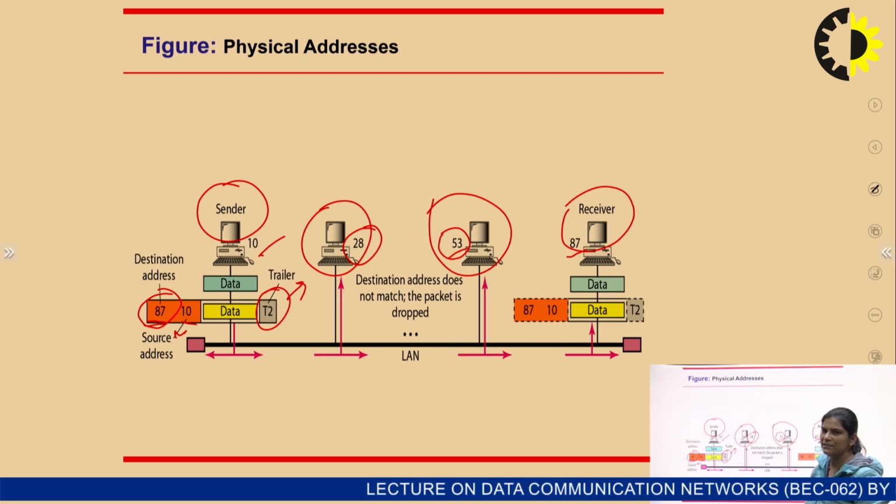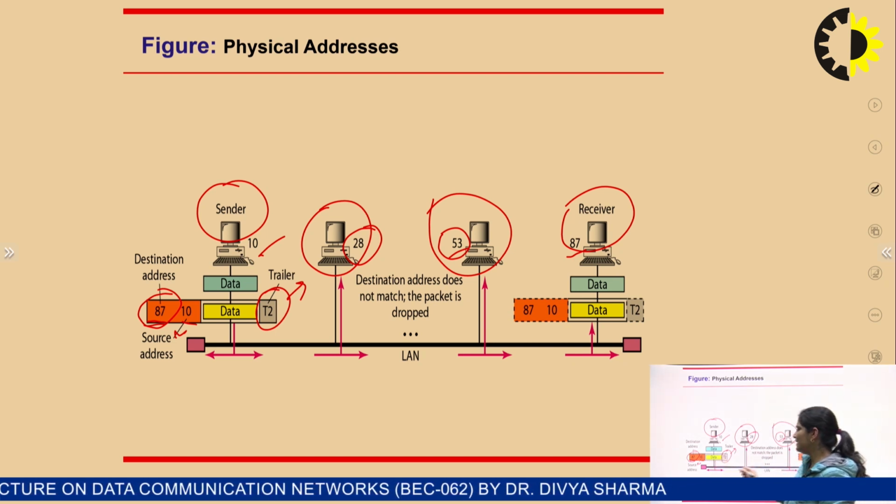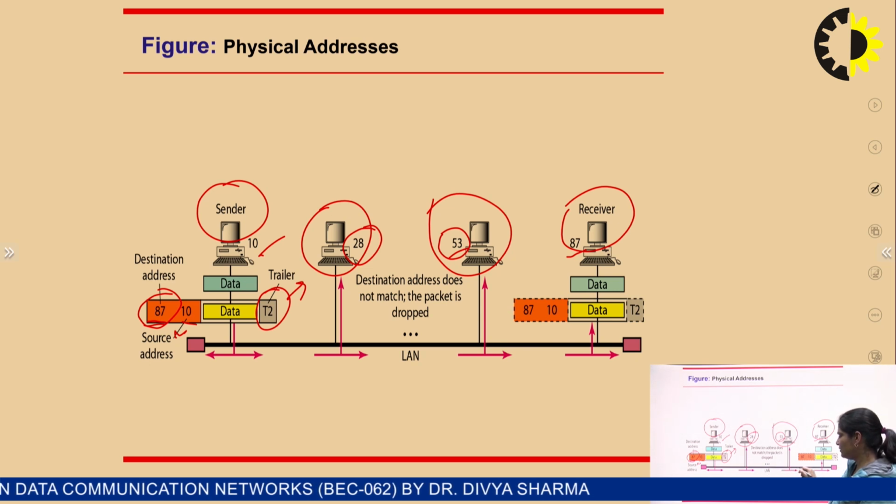Again the packet does not match this physical address, so that packet is also dropped here. Now again we send data, it passes through this LAN and matches the computer whose physical address is 87. So here the data gets the destination address and is received at the receiver.